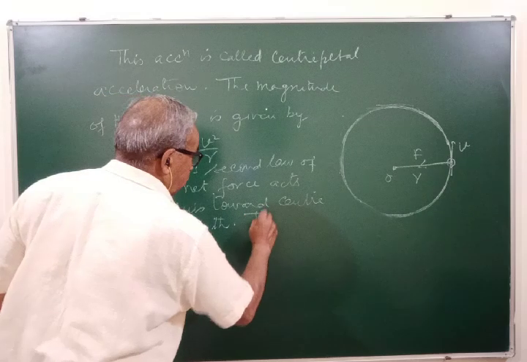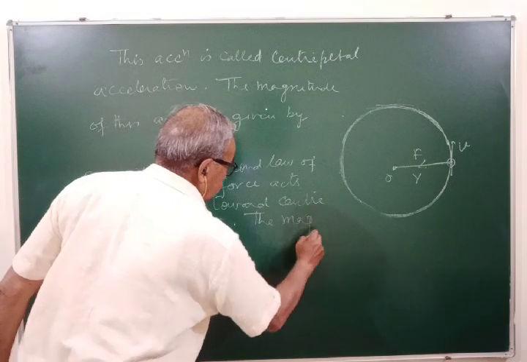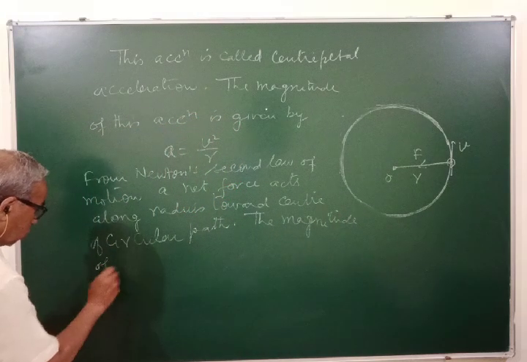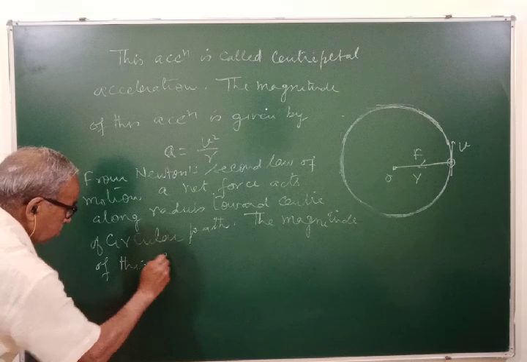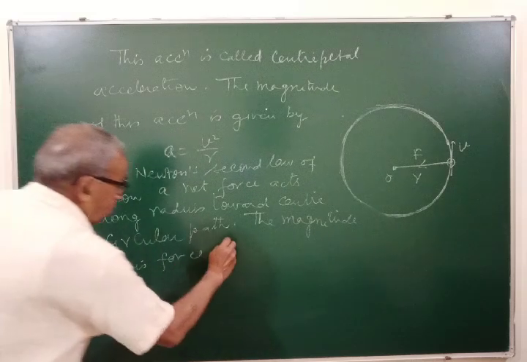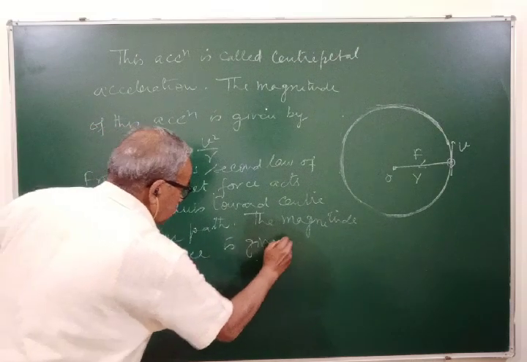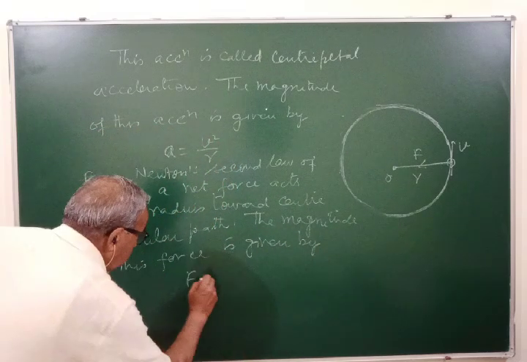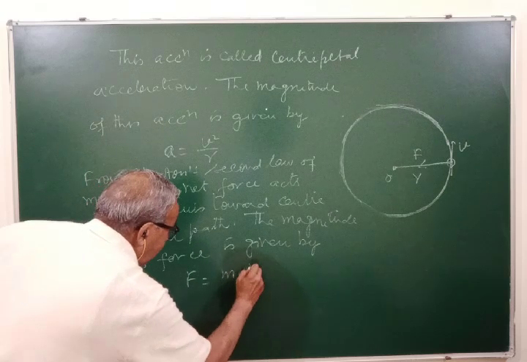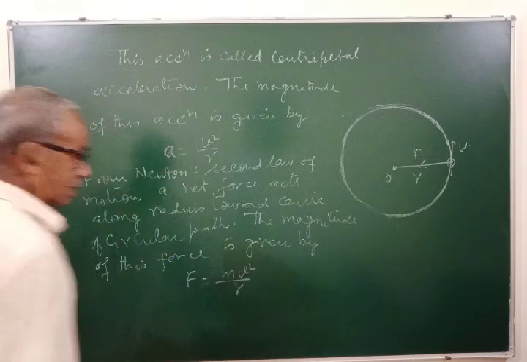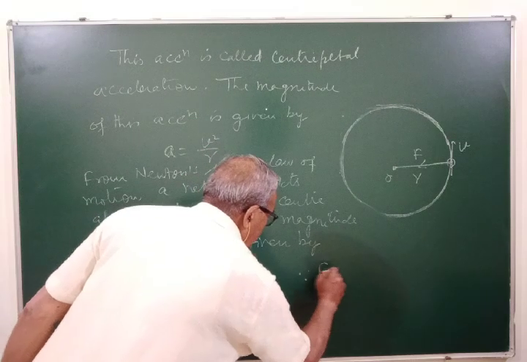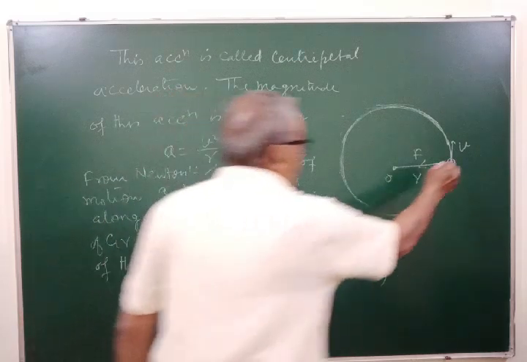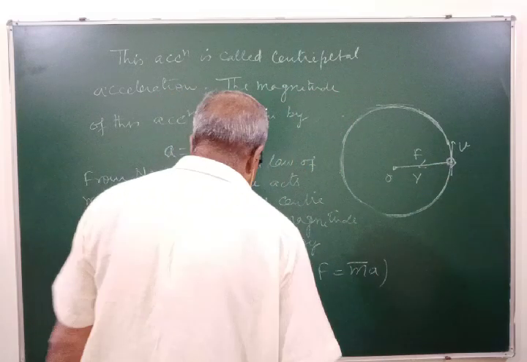The magnitude of this force is given by F equal to mv square upon r, since F equal to ma, where m is the mass of the body and a is the acceleration.